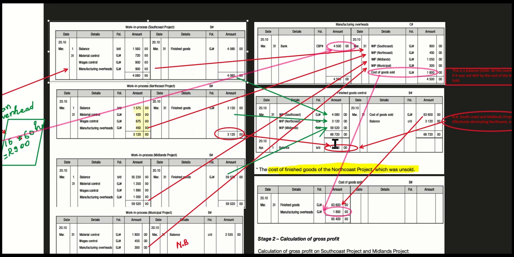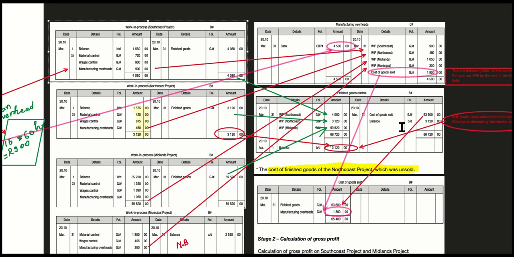It's put as a balance below the total, because it's something that would later be set aside, excluded, right? The cost of goods sold excludes the amount for the work in process of North Coast because it was not sold. It was completed, but it was not sold.